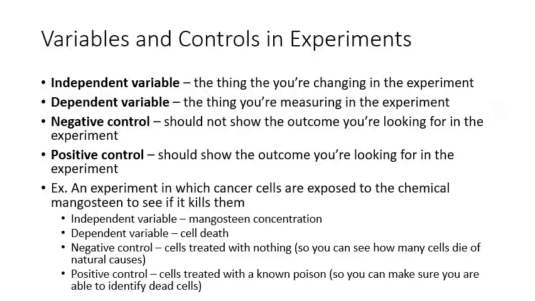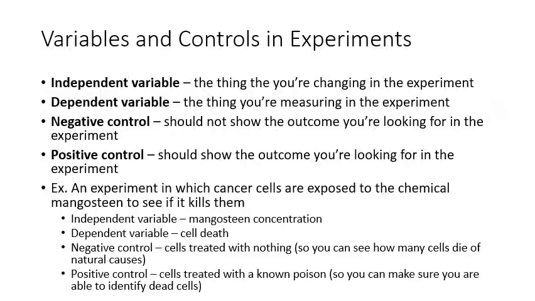So then when you see the mangosteen treated cells die, that's not because of the mangosteen, that's just because I don't take care of cells well. All my cells were going to die anyways. So you would need to redo that experiment and figure out what it was that was killing your cells. Something about the way that you were maintaining them wasn't right. Maybe they didn't have the right nutrition or something like that, and you need to fix that.